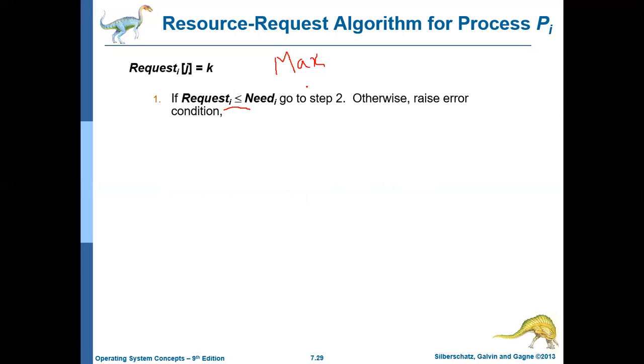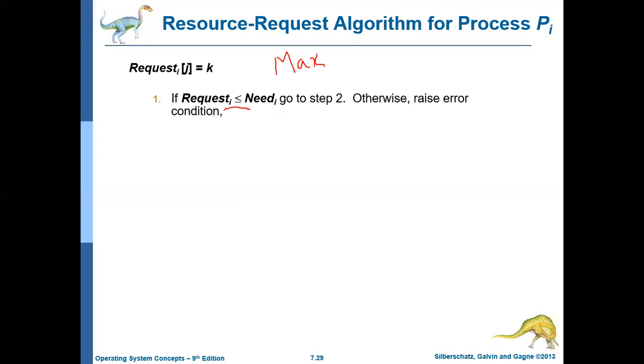It cannot exceed need. If it exceeds need, it is not following the commitment given earlier, because before starting, every process should declare its maximum instances of each resource type. According to that, the request happens.